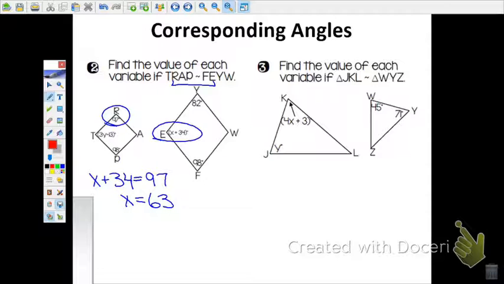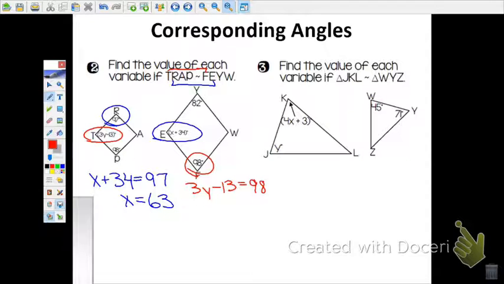When I am looking to find y is angle T, which corresponds with F. So 3y minus 13 equals 98.